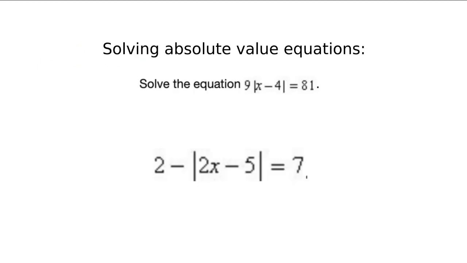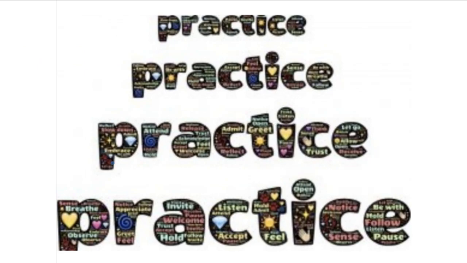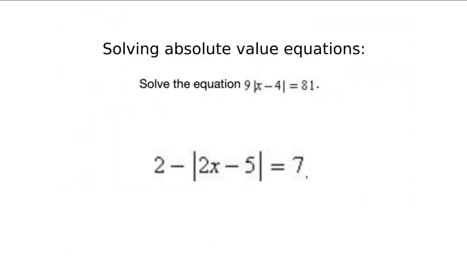All right, the second type of problem this week is going to be able to solve an absolute value equation. So let's start off with some simple ones. Here is the easiest equation I can ask you to solve. What if I asked you to solve the absolute value of x equals 2?